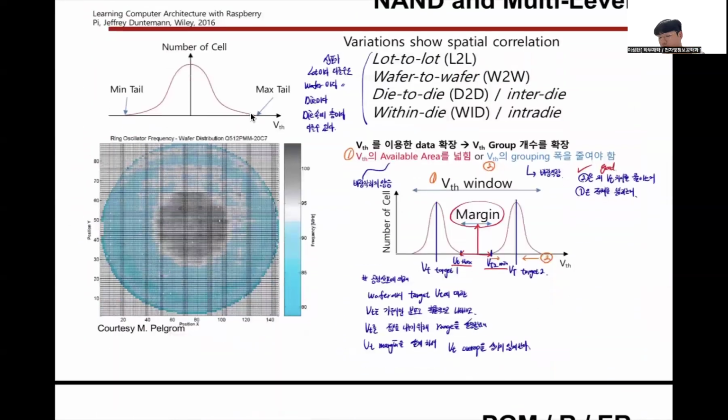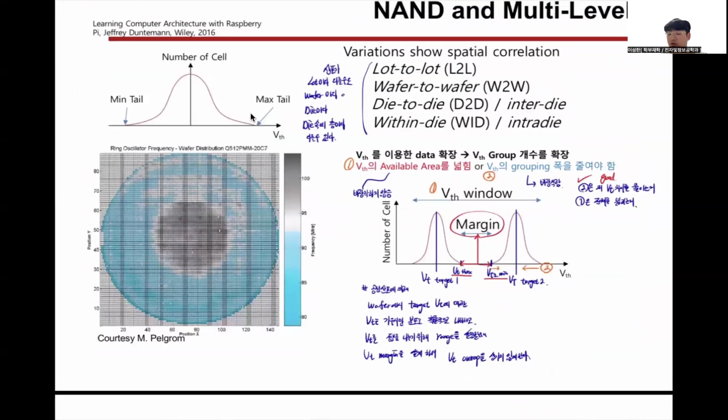So variation occurs from many points of view. What we need to do is target the threshold voltage, and we have two ways to solve this problem.